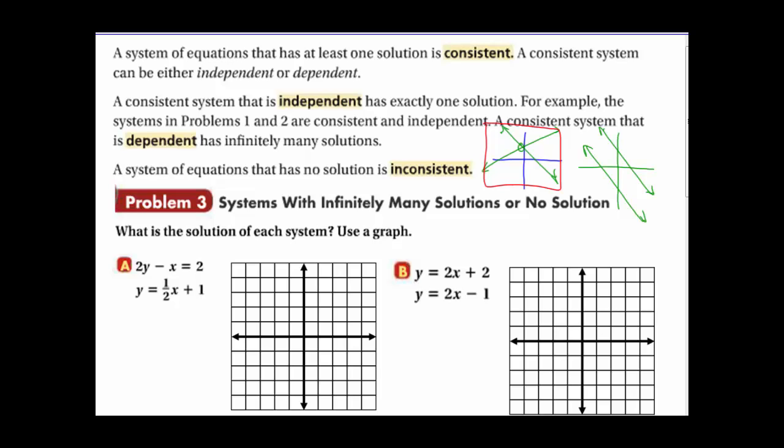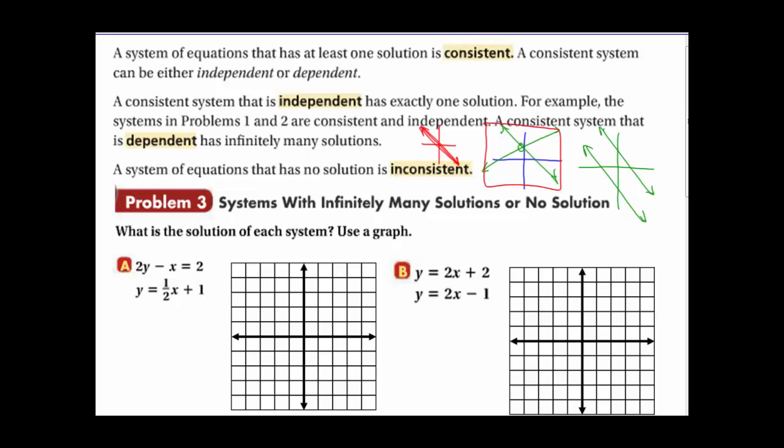Something that is consistent and dependent is when we just get one line, and the other line is right on top of it, which basically means it's the same line. So if we have 2 equations that have the same slope and the same y-intercept, we call that dependent, or infinitely many solutions.